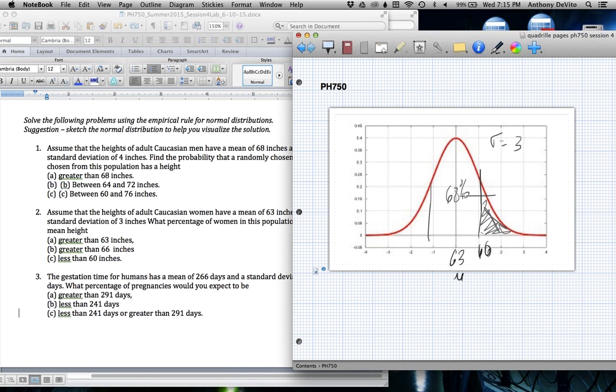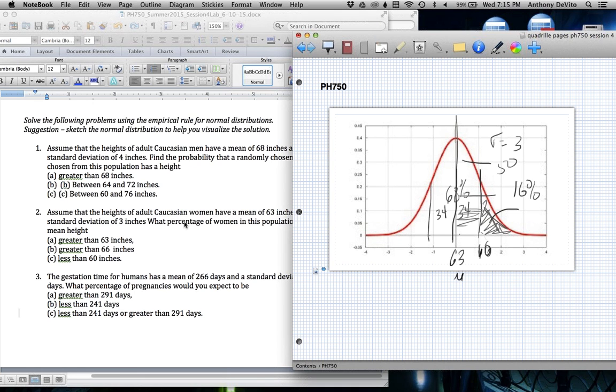So this part is 34 and this part is 34. If everything above the mean is 50% and 34% of it is below the 66, what does that leave above the 66? 16%. See how much we know about this population just from those two numbers, mean and standard deviation?